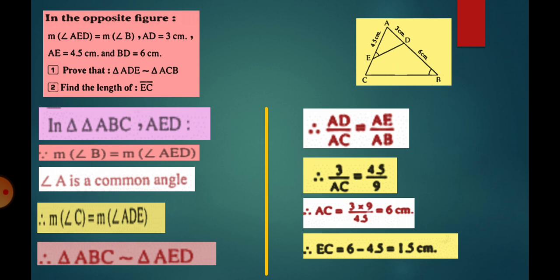We don't know the length of any side of DE or BC, so we can't find the lengths of the two sides. We can find the ratio between two sides. The ratio between any two corresponding sides equals 1 over 2. But we can't find the lengths of DE and BC.